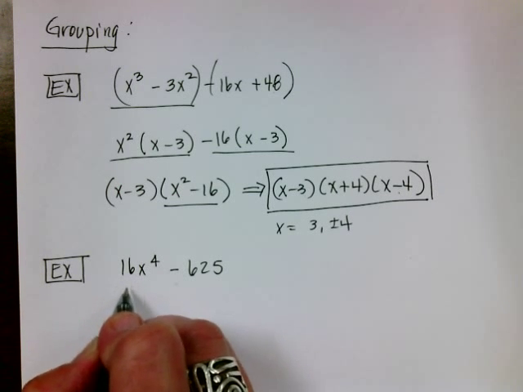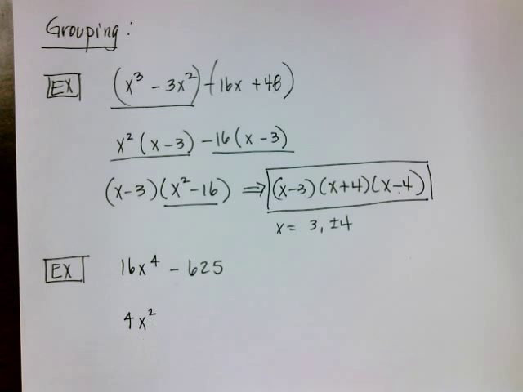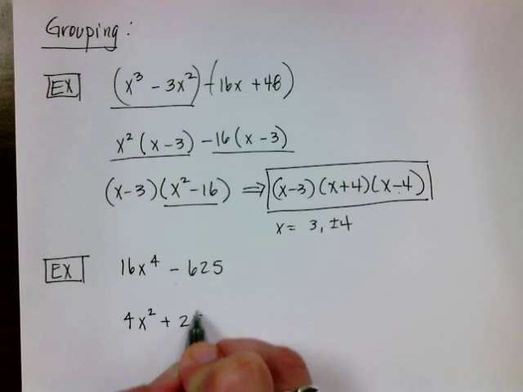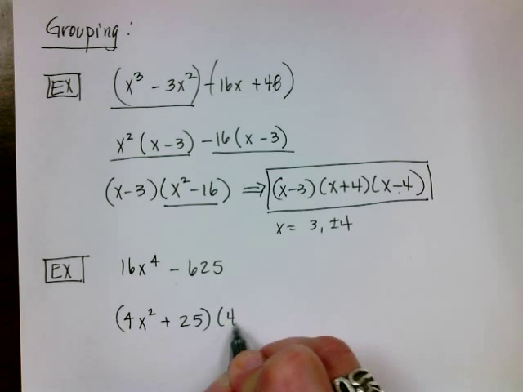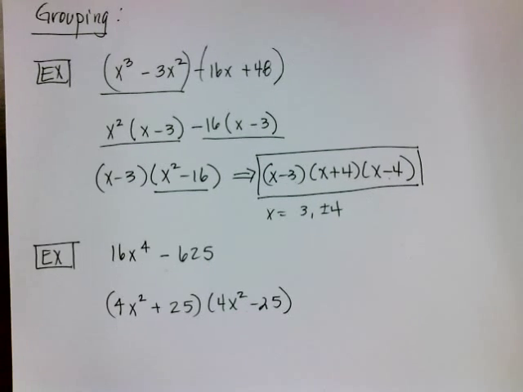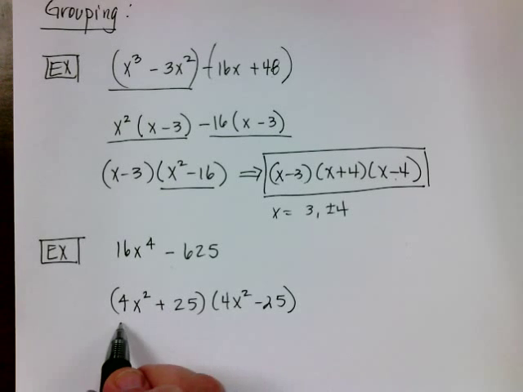The square root of 16 is 4, and the square root of x to the 4th is x squared. The square root of 625 is going to be 25. So this is going to be a difference of 2 squares, 4x squared minus 25. Okay, so it's actually a difference of 2 squares, but the variable is just a little bit weird.